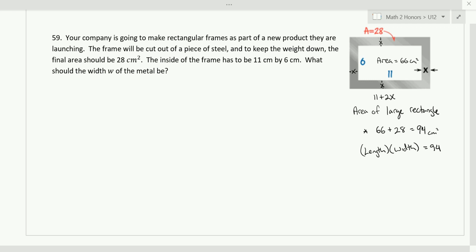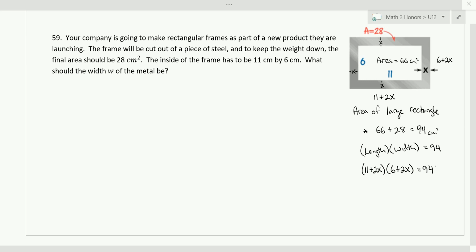And with the same reasoning, the width would be 6 plus 2x. So now we can say that 11 plus 2x times 6 plus 2x is equal to 94. And that's what we're really working toward, some kind of equation that has the variable that we want to solve, which is x.